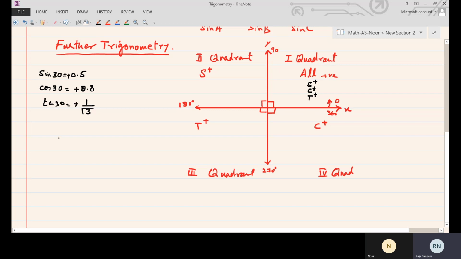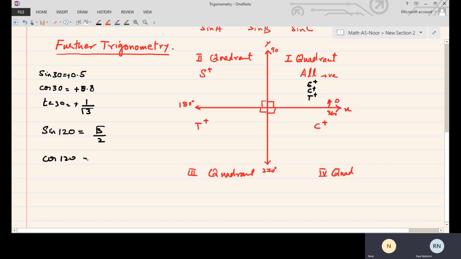It's a positive sign. At the same time, if we consider angles in the second quadrant, they would be greater than 90 and less than 180. It means these angles would be obtuse angles. So sine of 120 would give you the answer under root 3 by 2.